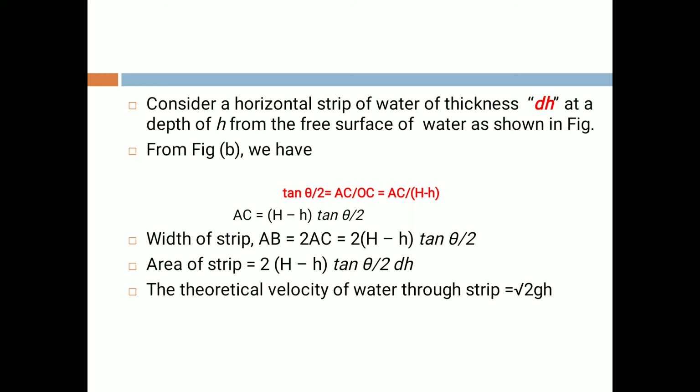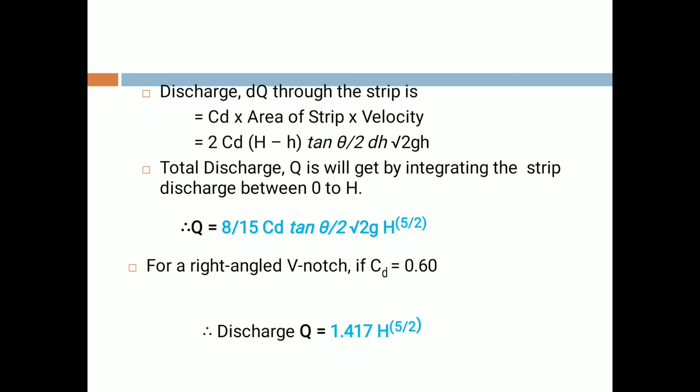So, the theoretical velocity of water through the horizontal strip is under root 2gh. Then discharge dQ is equal to what?